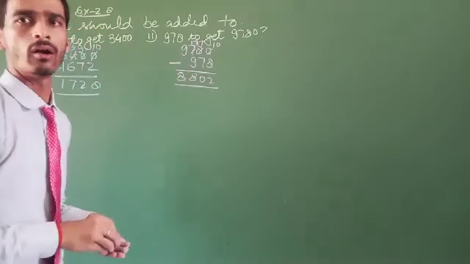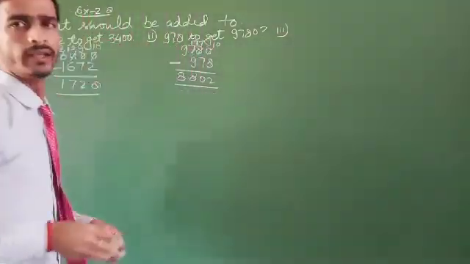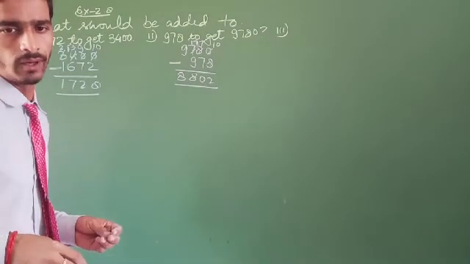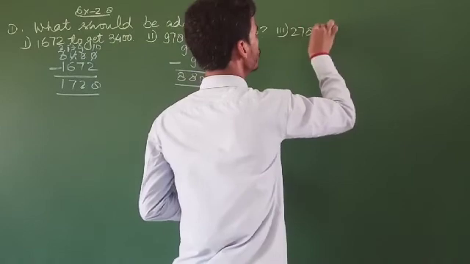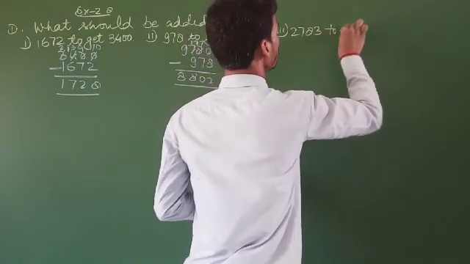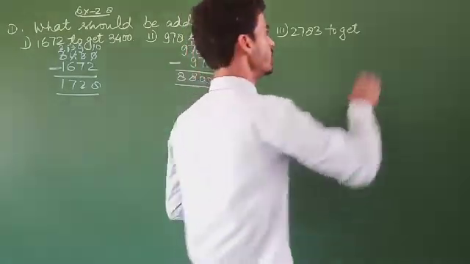Now the third question: what should be added to 2783 to get 4511.